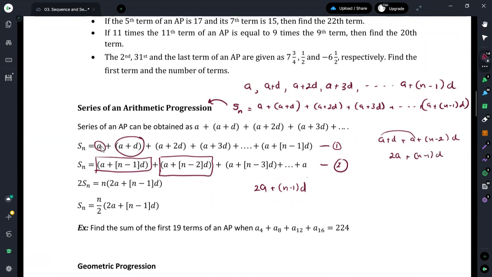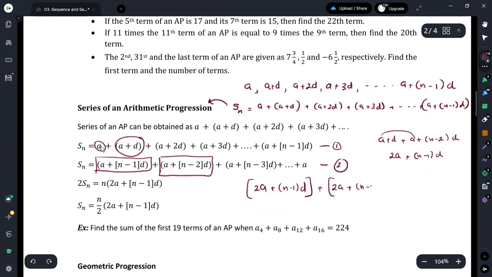So the summation of the second terms gives us 2a plus n minus 1 times d.